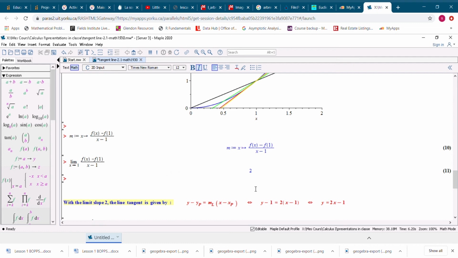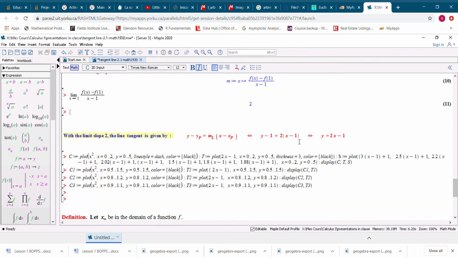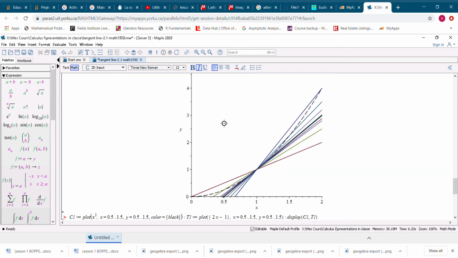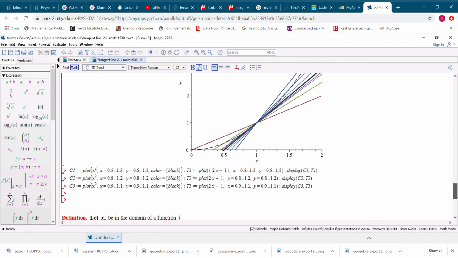Now if it has a limit, let's take this slope and consider the line that has this slope and passes through the point P. So here is the equation, and let's sketch this line and compare it with the other lines. Is it a better line that approaches the curve or not?